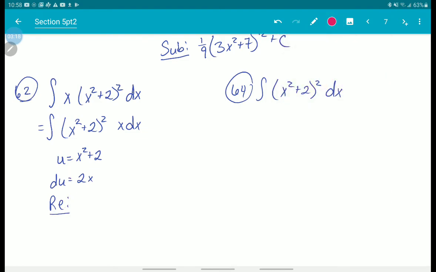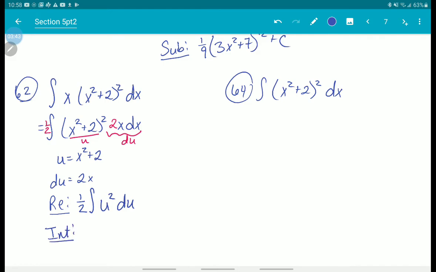Let's think about what we have. Here's our u. But from du, notice we're missing the 2 here. We can multiply it in as long as you compensate with a 1/2. So when we do the rewrite, we're integrating, well, it's 1/2 times the integral of u squared du.